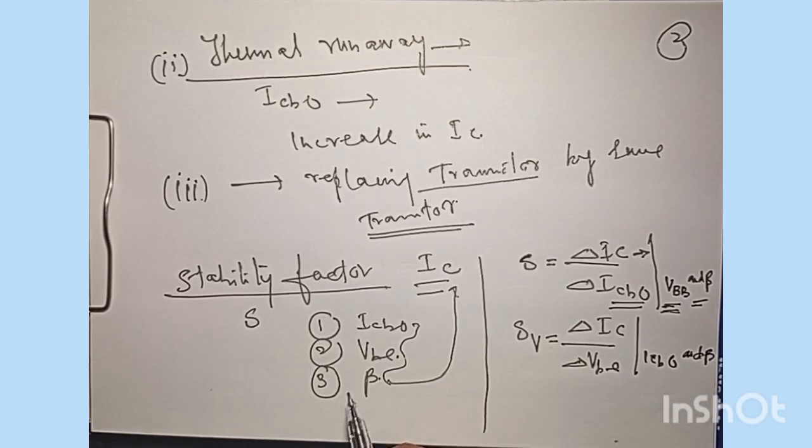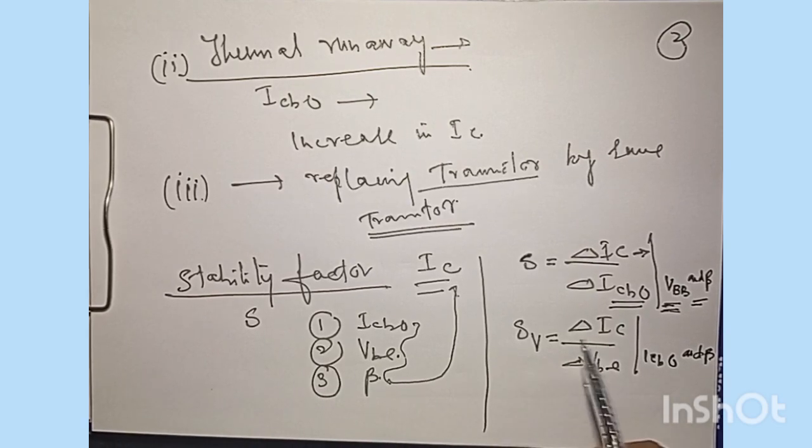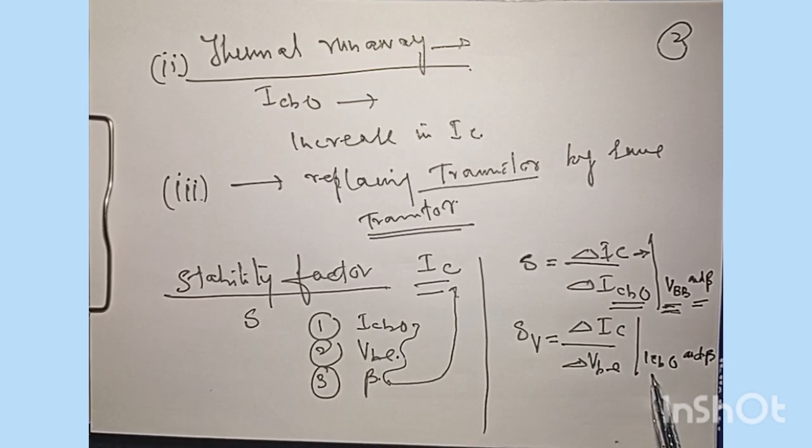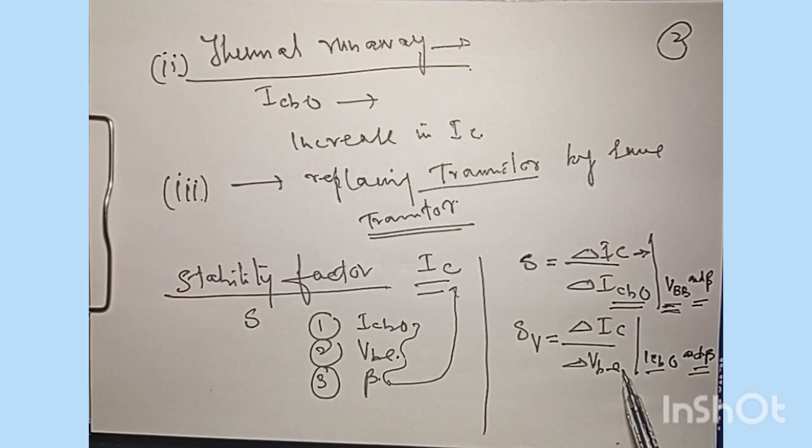So we can define SV as delta IC by delta VBE, where these two parameters remain constant, but there is a change of collector current with respect to the base emitter voltage.